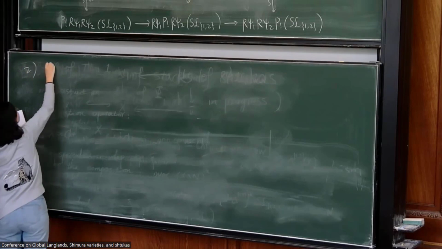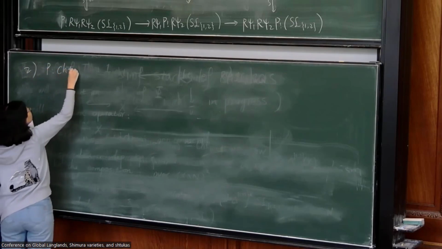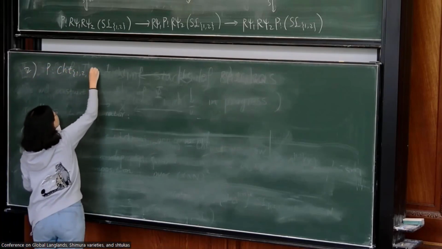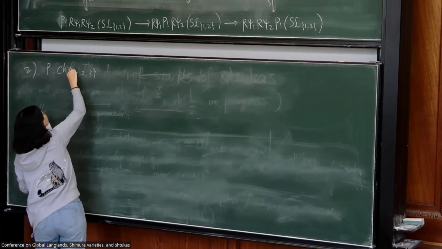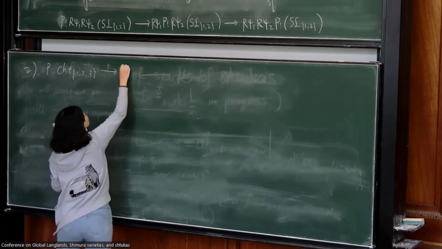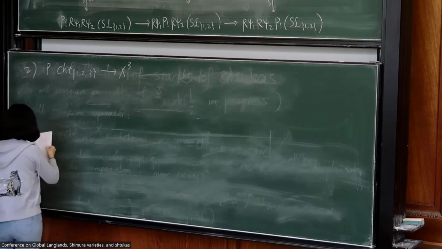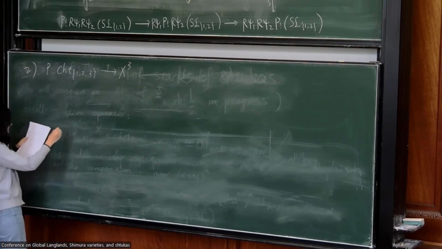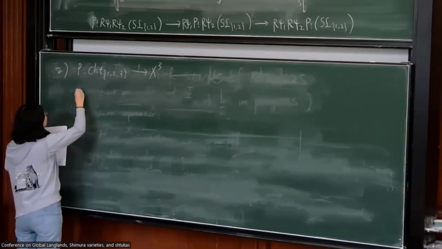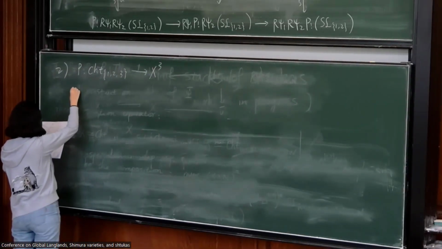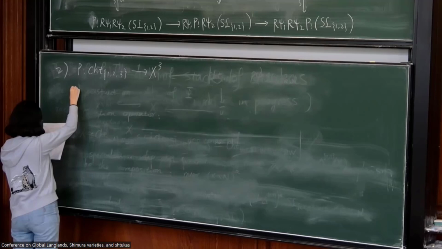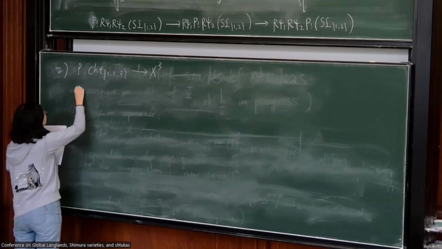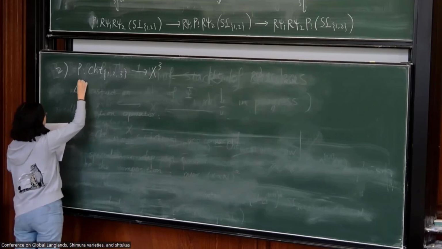So now we consider shtukas with 3 legs. The following diagram is commutative. So this time, we will need delta n.